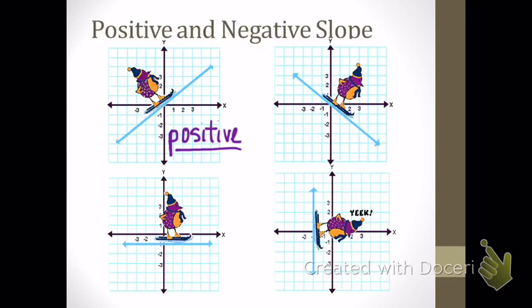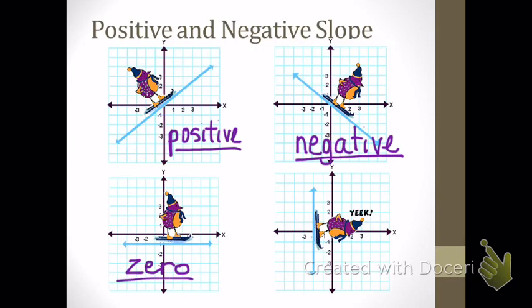So you can guess that over here in this next section, if the line drops as you go from left to right, that's going to be a negative number for the slope. And it stands to reason that down here in the corner, where it doesn't rise or fall, the slope is going to be 0. We'll verify that as we come up with ways to calculate it.